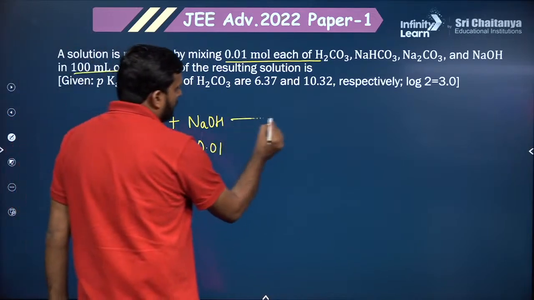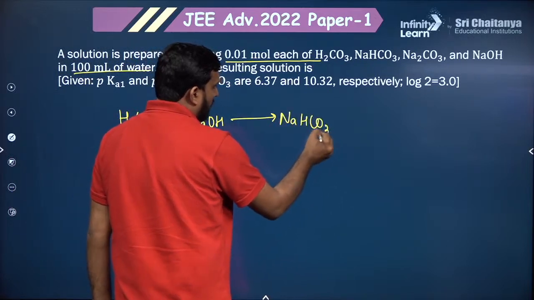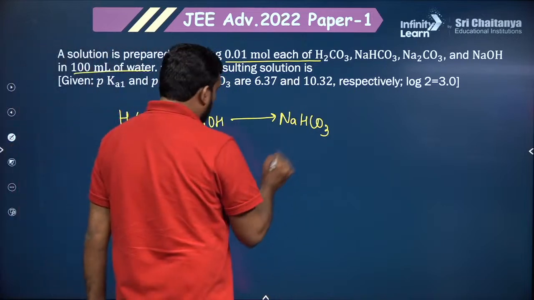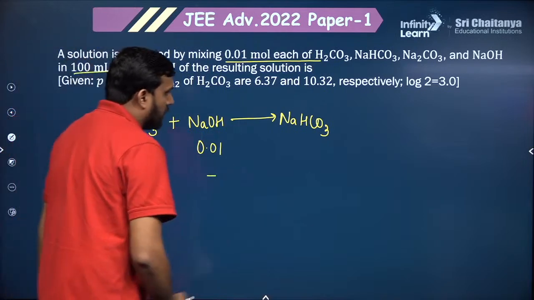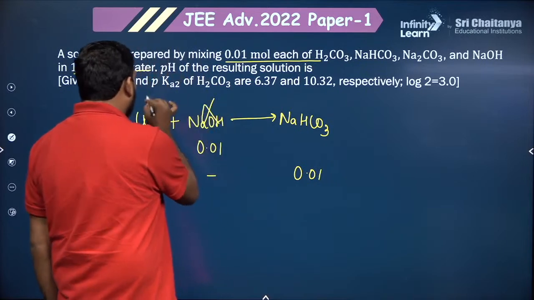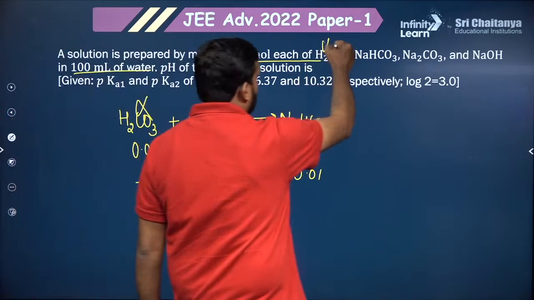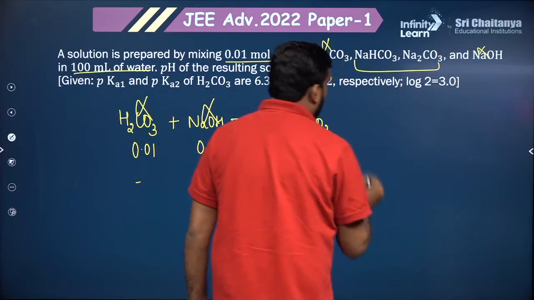And if you observe this, you can easily say that this is going to be the limiting reagent, okay. So here it will form NaHCO3, and the amount of NaHCO3 calculated after the reaction will be equal to 0.01, okay, and this too will be consumed during the reaction. So in the final solution it will not be there, this will also not be there, only these two things remain, okay.